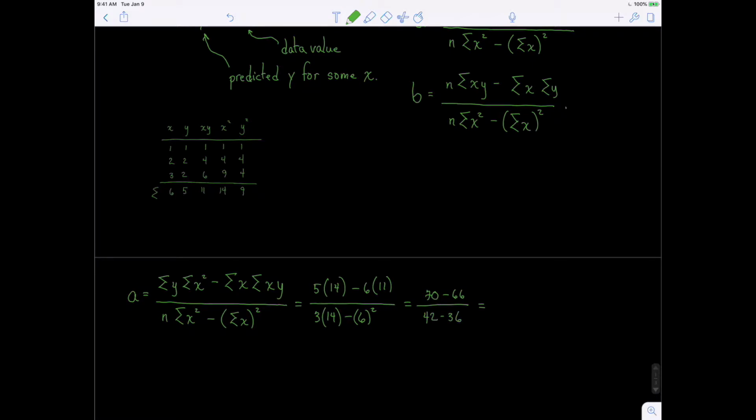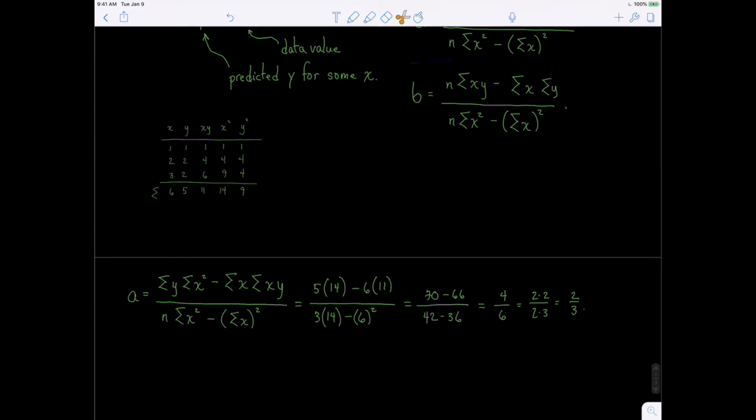So let's see what we get. 70 minus 66 is 4, and 42 minus 36 is 6. Remember that 4/6 is the same as 2 times 2 over 2 times 3, so the 2's cancel, and so A is 2/3. Okay.